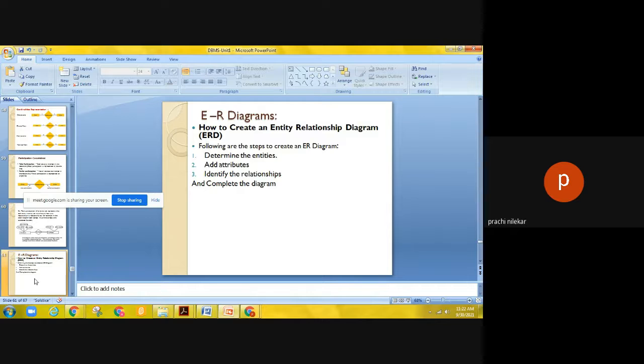For a oval, what does it represent? It represents the attributes. Rectangle represents the entity, and relationship is represented by the diamond. Now all data is collected to draw the diagrams. But how to create a diagram? These are the general steps.